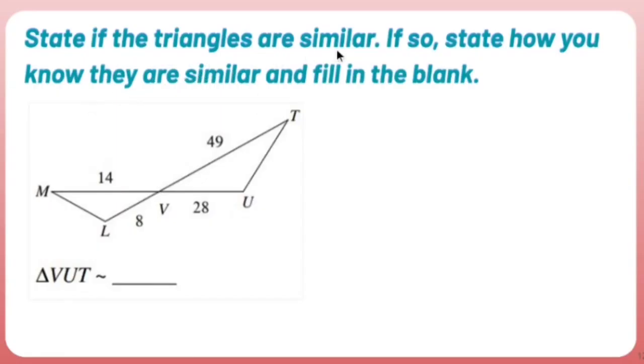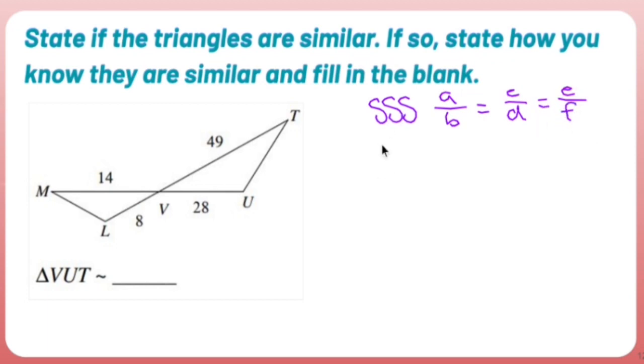State if the triangles are similar. If so, state how you know they are similar and fill in the blank. If I want to see if things are similar, there's three ways that I can do that. I have SSS, which means something on the big side needs to match up with something on the small side, and the other thing on the big side needs to match up with another thing on the small side, and another thing on the big triangle needs to match up with something on the small triangle.